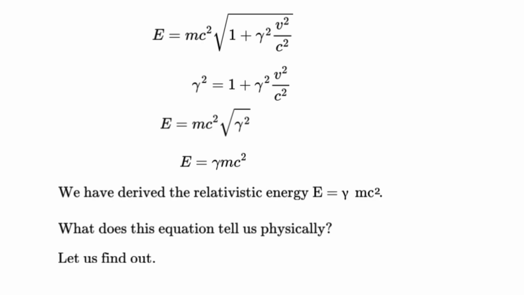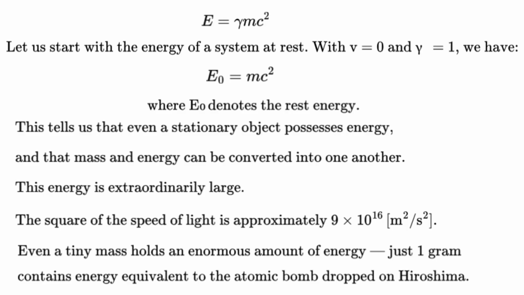Let us find out. Let us start with the energy of a system at rest. With v equals 0 and gamma equals 1, we have E0 equals mc², where E0 denotes the rest energy. This tells us that even a stationary object possesses energy, and that mass and energy can be converted into one another.